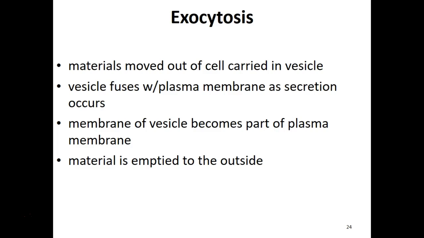So the first mechanism is called exocytosis, and exocytosis is when we produce a vesicle inside the cell, and that vesicle is going to release contents into the extracellular environment. The vesicle binds to the plasma membrane and actually becomes part of the plasma membrane, so the membrane itself gets larger. It opens up and materials are exiting the cell.